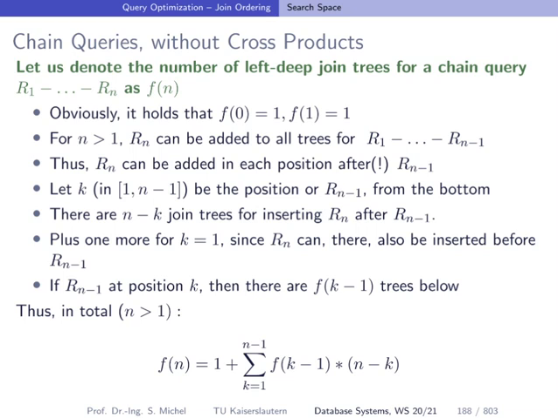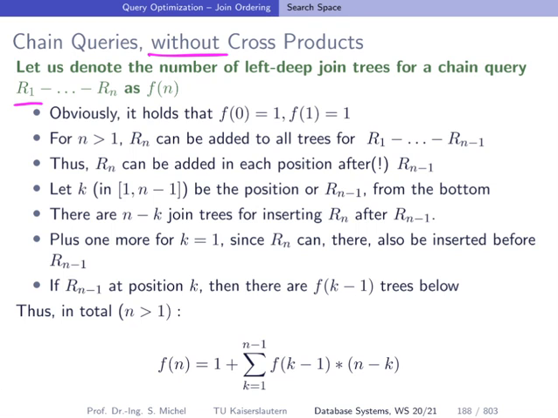Now, fortunately, we can reduce the problem if we have the case of not allowing cross products. Because then if we have a chain query, so R1 can be joined with R2, and this can be joined with R3 and so on, then we do not have this n factorial many assignments of the relations to the leaves. So we don't have cross products.